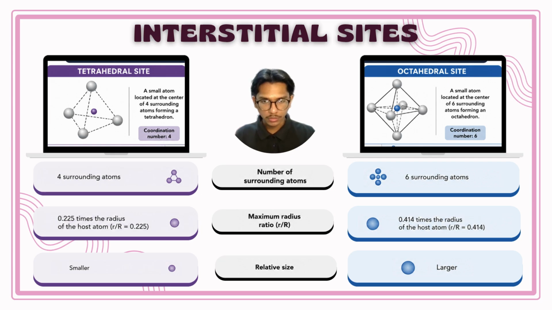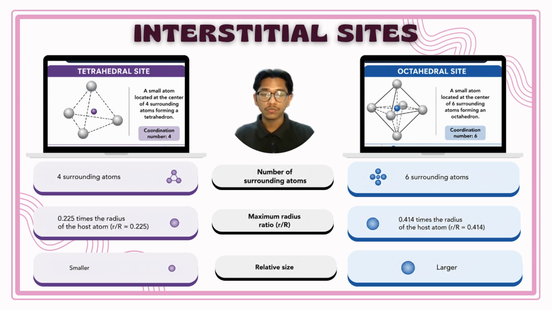For interstitial sites, we have two examples of it. The first one is the tetrahedral site, and the second one is the octahedral site. I will explain briefly about this because my friends will explain it in more detail. A tetrahedral site has 4 surrounding atoms. Meanwhile, an octahedral site has 6 surrounding atoms.